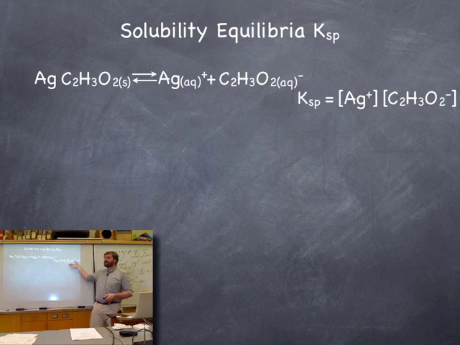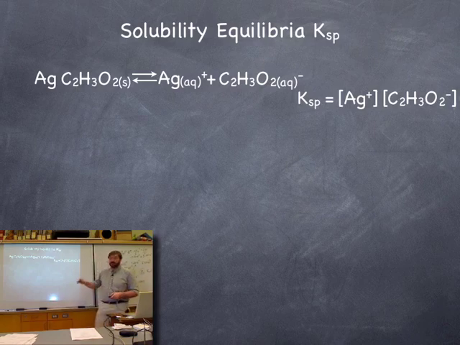Why do I not put the silver acetate on the bottom here? It's a solid. Solid concentrations are fixed. We don't have to worry about their influence in the equilibrium expression because their molarities are constant values.